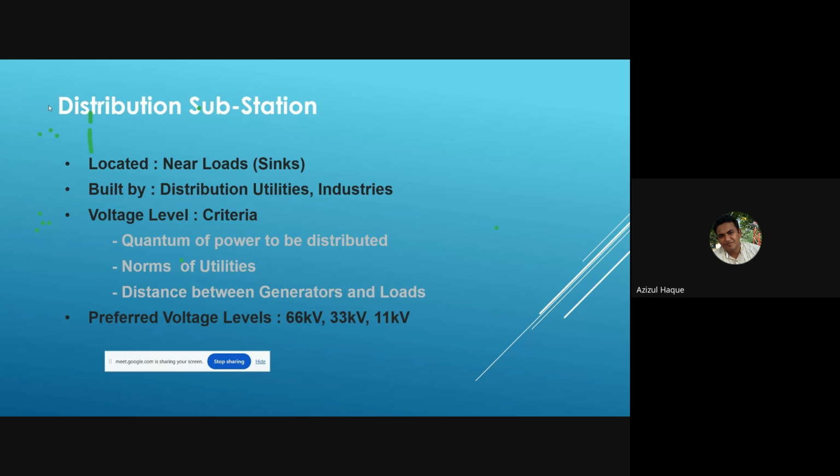Earlier, it used to be a 250 megawatt power plant, but now it is almost obsolete. Mostly it was 500 megawatt, and now we have crossed 500. Then 660 megawatt units, and nowadays India is mostly making 800 megawatt units.